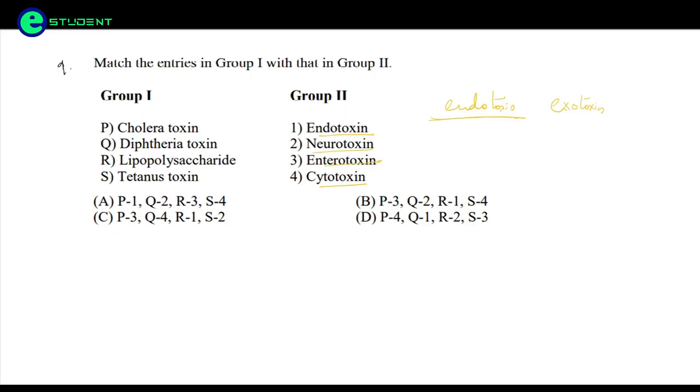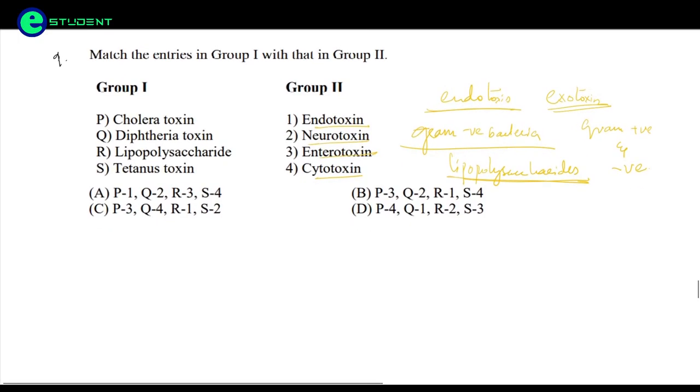Endotoxins are associated with gram negative bacteria. What do gram negative bacteria especially have? They have lipopolysaccharides. Endotoxins are associated with lipopolysaccharides, whereas exotoxins are involved with both gram positive and gram negative bacteria.